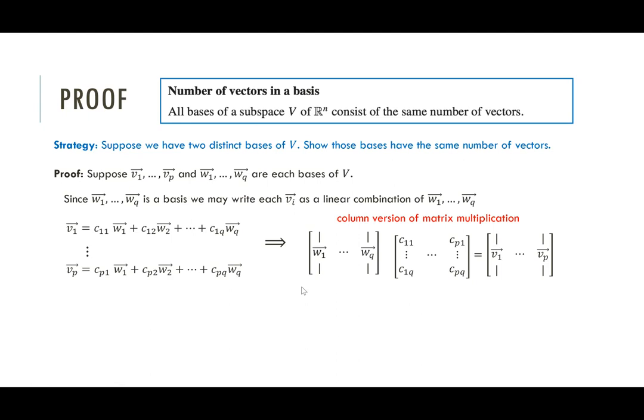Now, before we move on, let's make sure we know the dimension of these matrices. Let's say this first one. Well, we know it has Q columns, and how many rows does it have? It's a subspace of Rn, so these have got to be n-dimensional vectors.